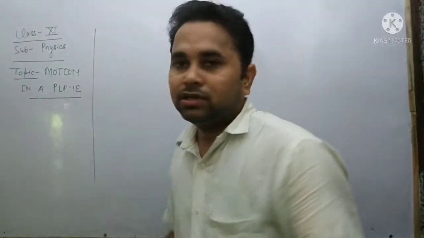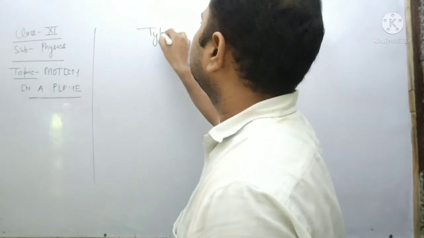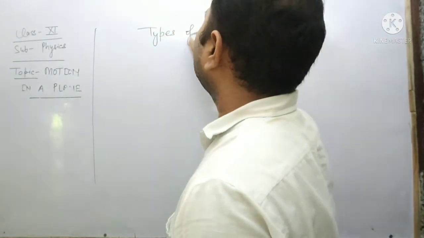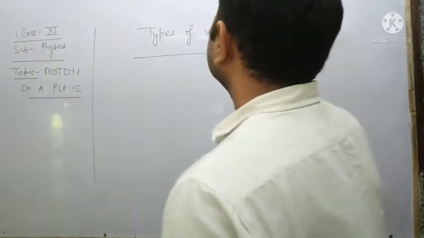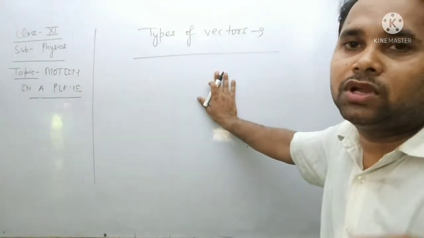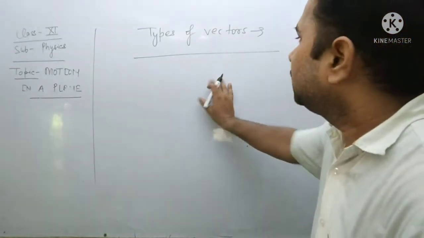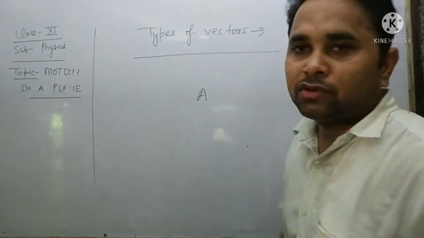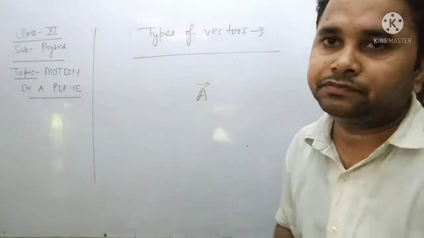Now see here, types of vectors. Before types of vectors, we should see how to represent a vector quantity. Suppose A is a vector quantity, so we represent this quantity with an arrowhead.